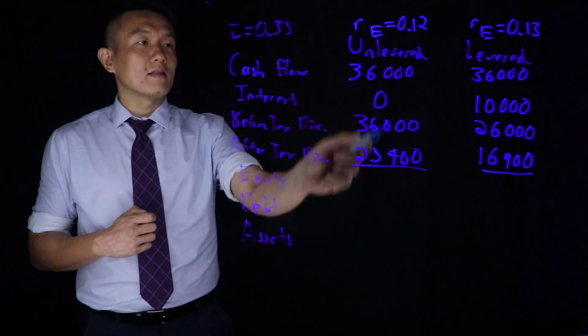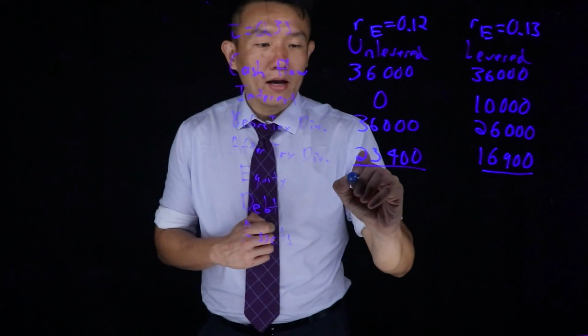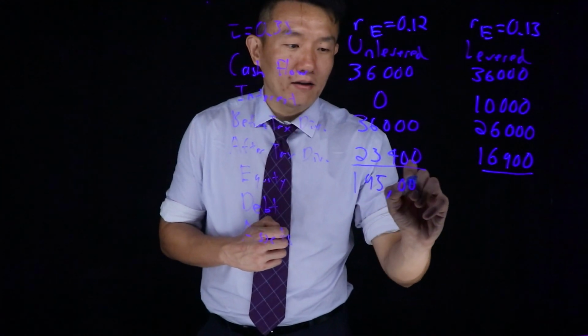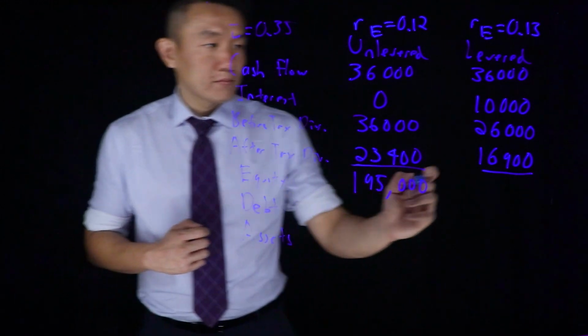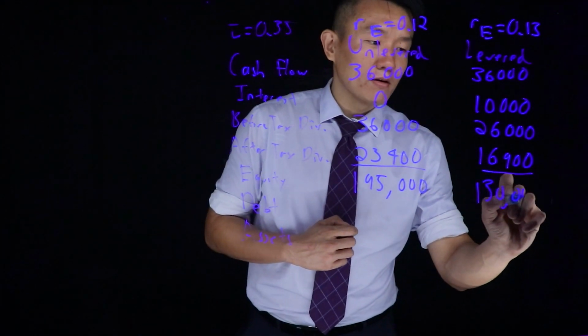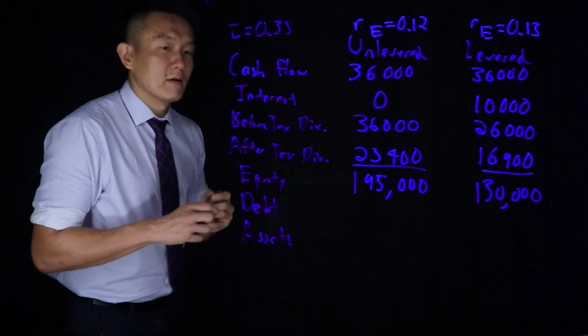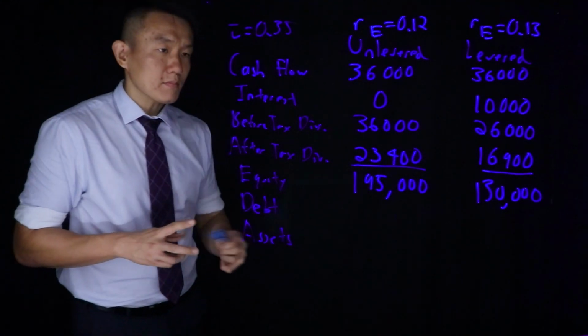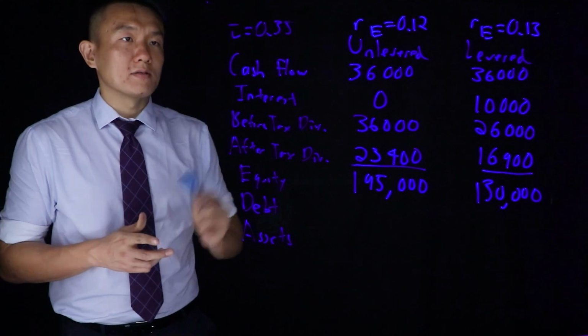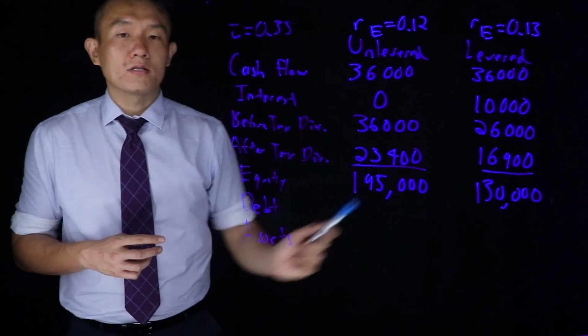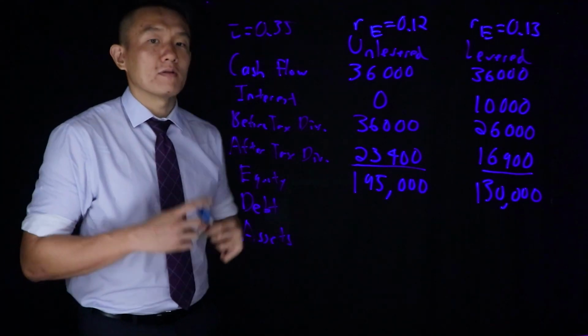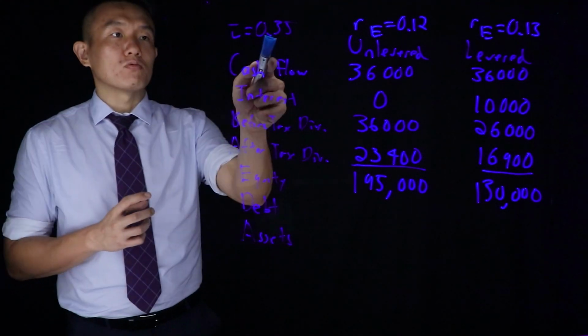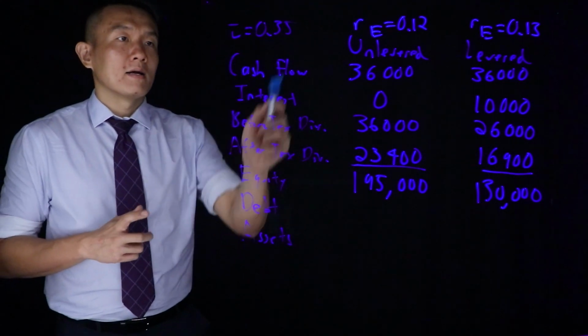So if we divide this by 12%, we get equity of $195,000 here, and equity of $130,000 here. So if you want to think about this another way, this is 300,000 times (1 - τ). This is 200,000 times (1 - τ). So the value of equity is reduced by the tax rate.